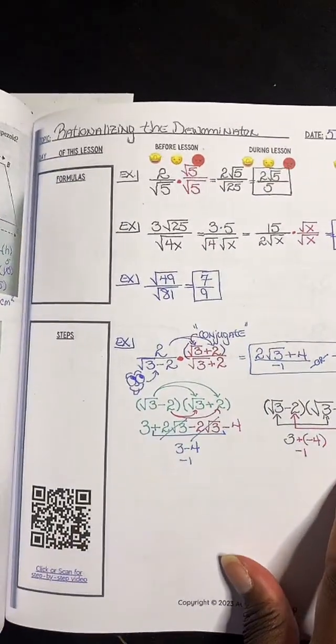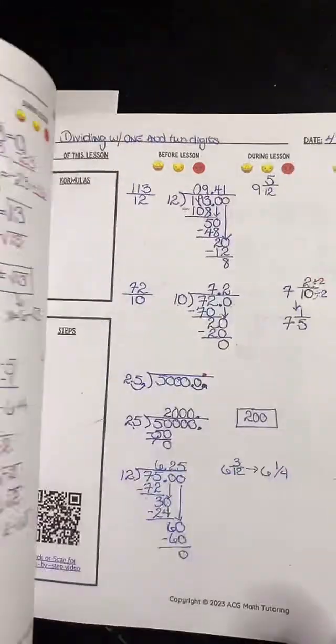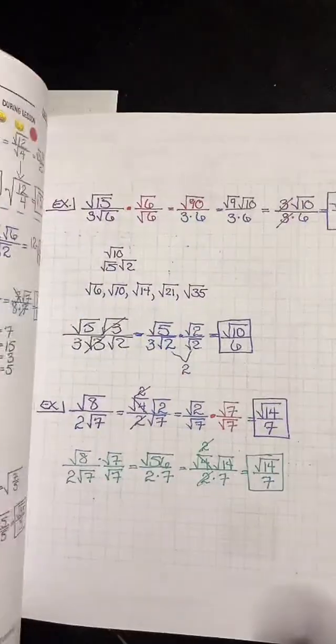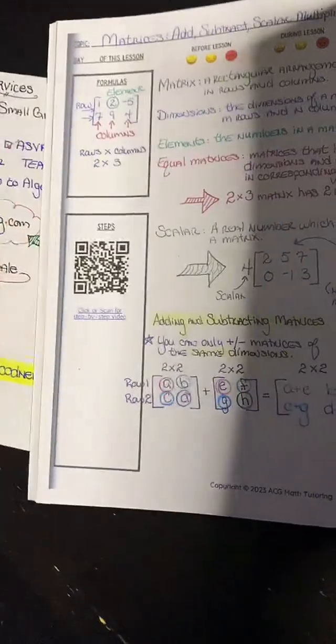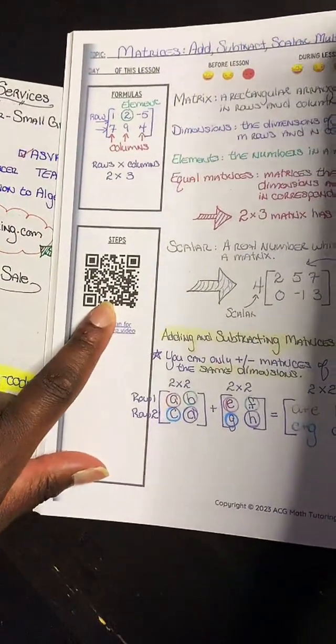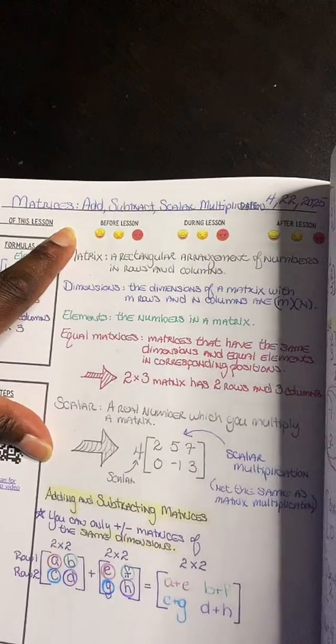If you open up, all of these are my notes that I've had from previous lives. I just decided to put it all into one notebook. And one thing you'll notice on the bottom is a QR code. If you scan that code, it will take you directly to the live that's associated with this title.